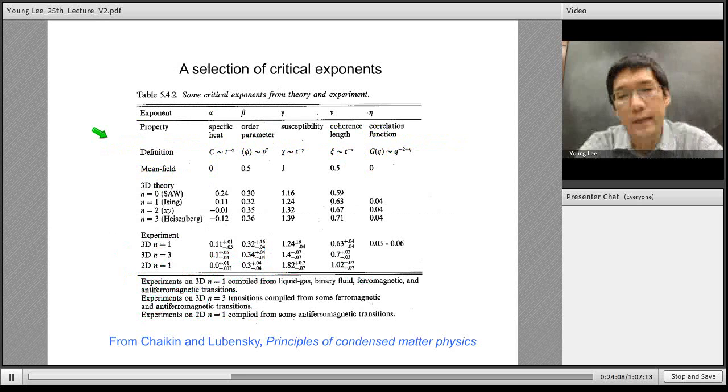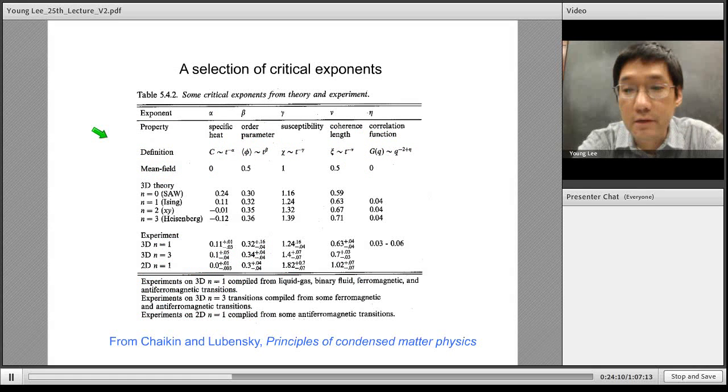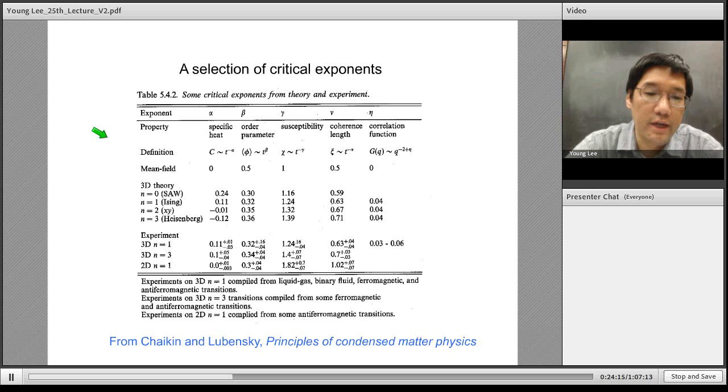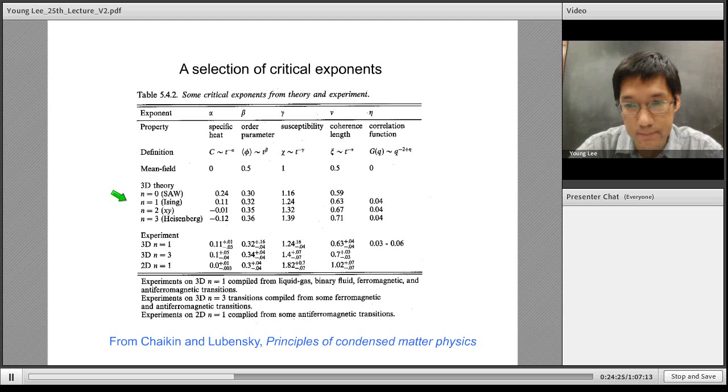Okay, and so now there's been a lot of theory for different systems, and here's a table. You can make a table of different exponents. So let's just look at these 3D theories, and n is the number of components in your order parameter. So 1 would be Ising, 2 would be XY, and 3 would be Heisenberg.